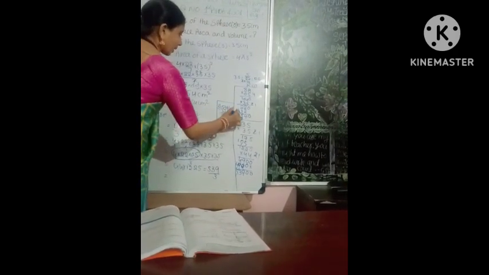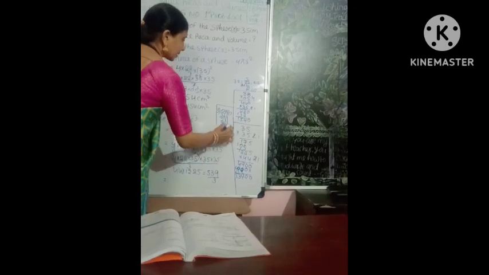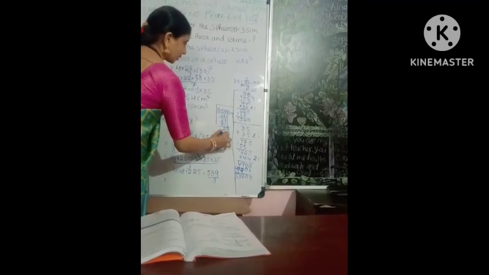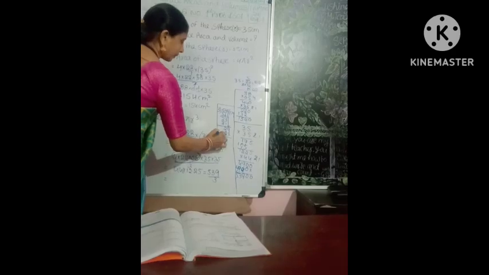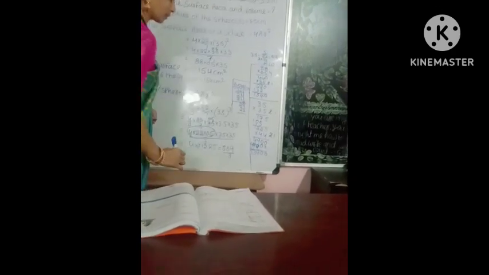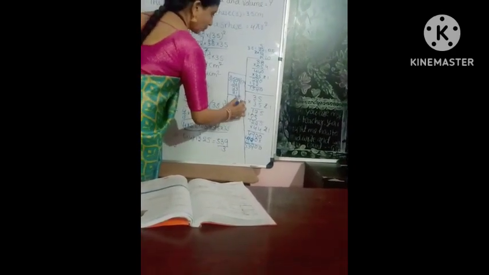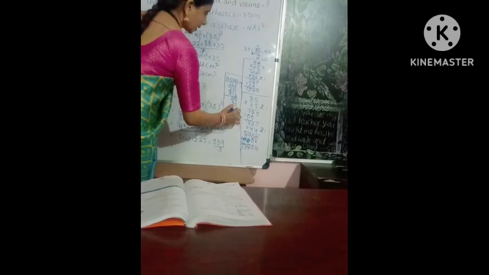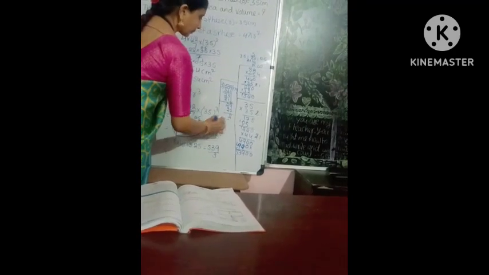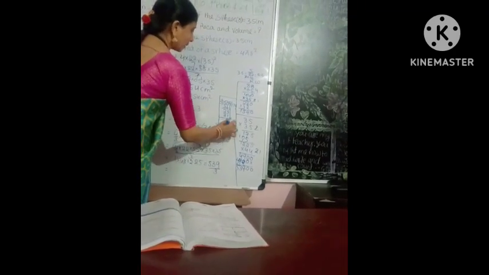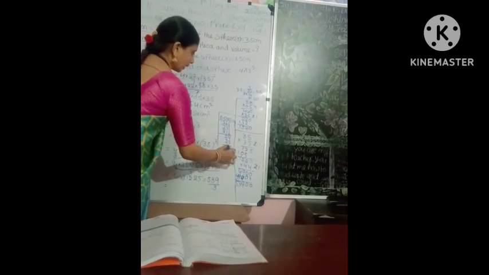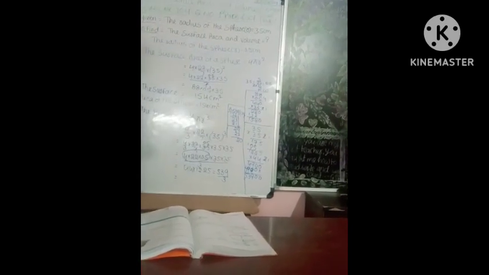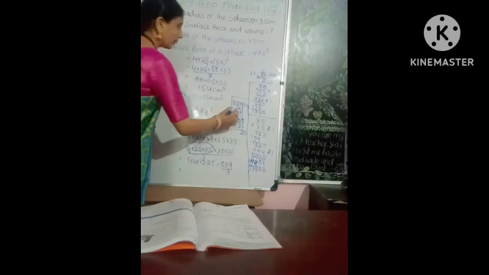Next, 3 sevens are 21, 3 nines are 27. So next, subtracting these two terms. How much of value did we get? 9 minus 7 is nothing but 2 only. So 2 minus 2 is nothing but 0. Next, put the point here, and write a 0 on the right side of the remainder.